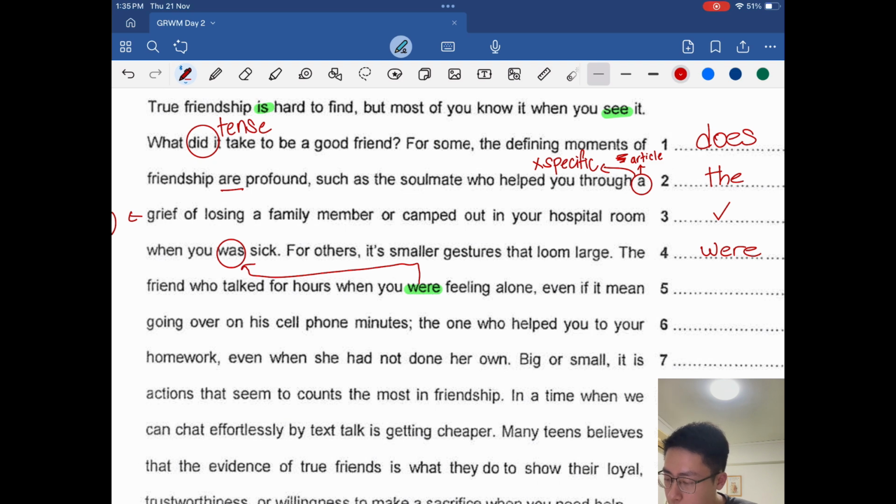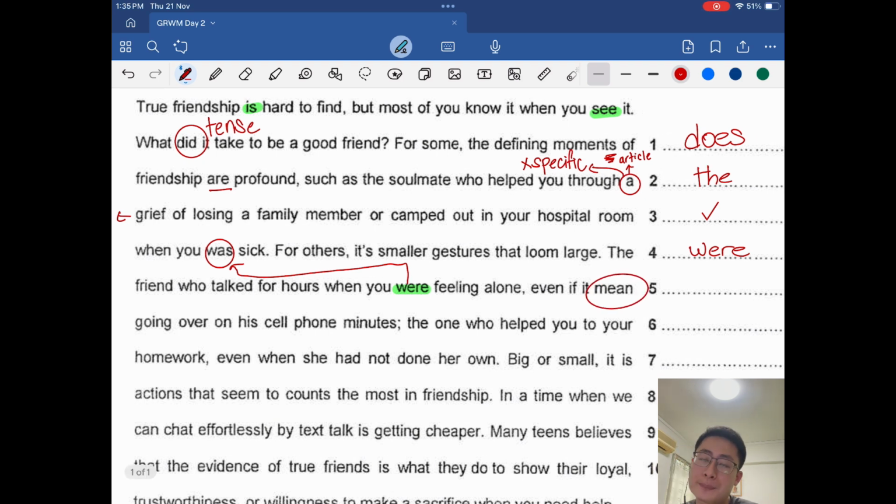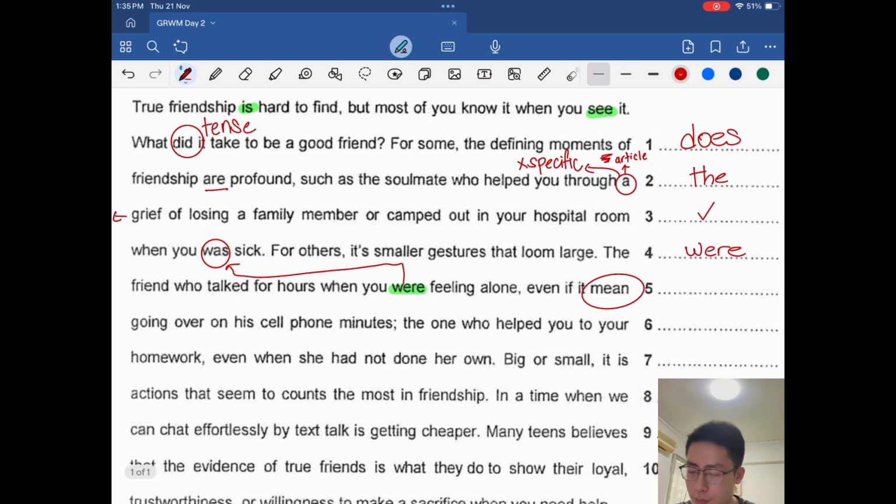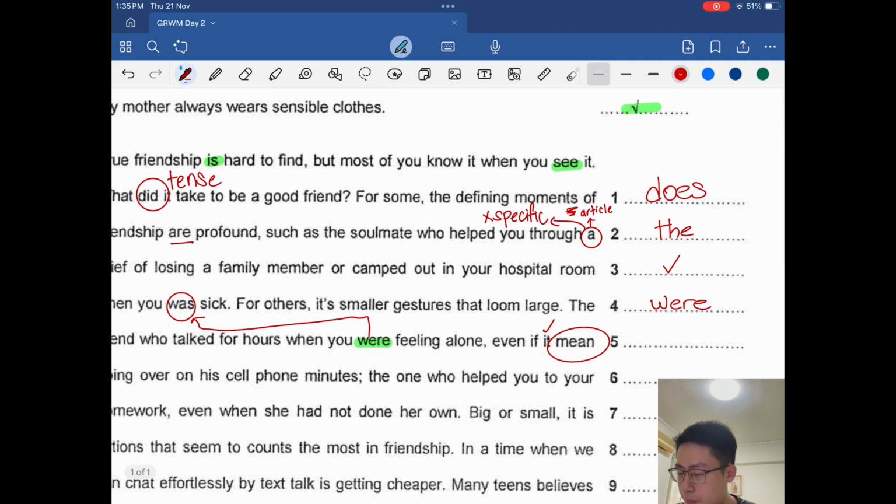So anyway, line 5's error is over here, even if it mean. Okay, even if it mean. So we have to ask ourselves here, all right? There's 2 things that might be wrong with mean here. Firstly, because of the word next to it, the subject here, it, is a singular subject, correct?